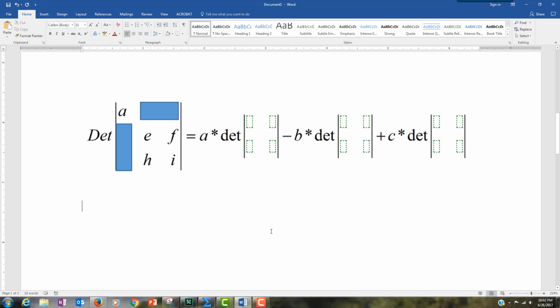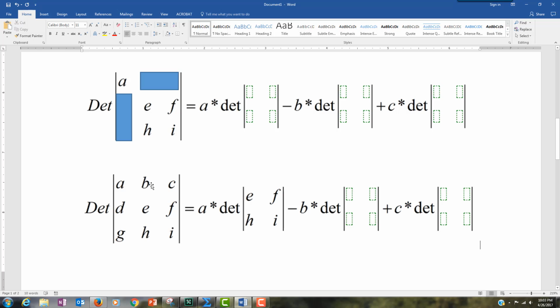To figure out the determinant that goes with A, I cover up the column and the row associated with A, and the leftover piece, E, F, H, I, is what we multiply by A to get that particular value.